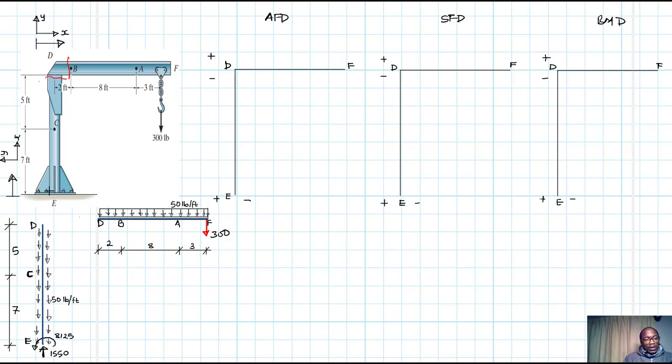All right, so when you apply the equations of equilibrium here, you are going to expect a normal force of magnitude, let's say n.